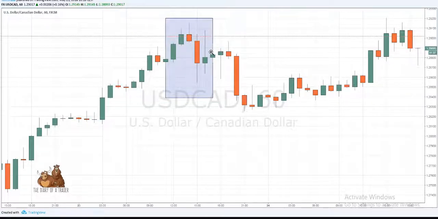From here we start thinking about entering the trade, and we're talking about 70 or 80 pips profit. Of course, the stop loss will be above the previous high. So this is as far as the evening star bearish pattern is concerned.